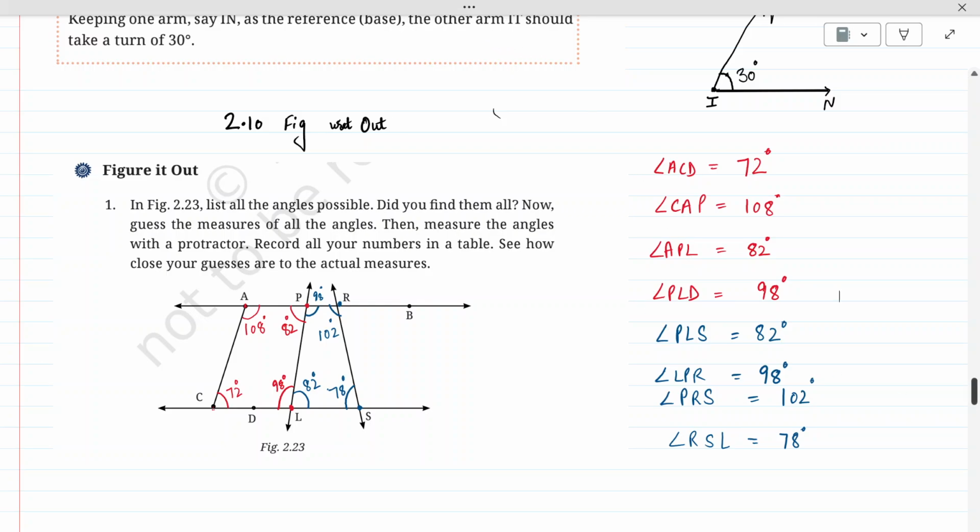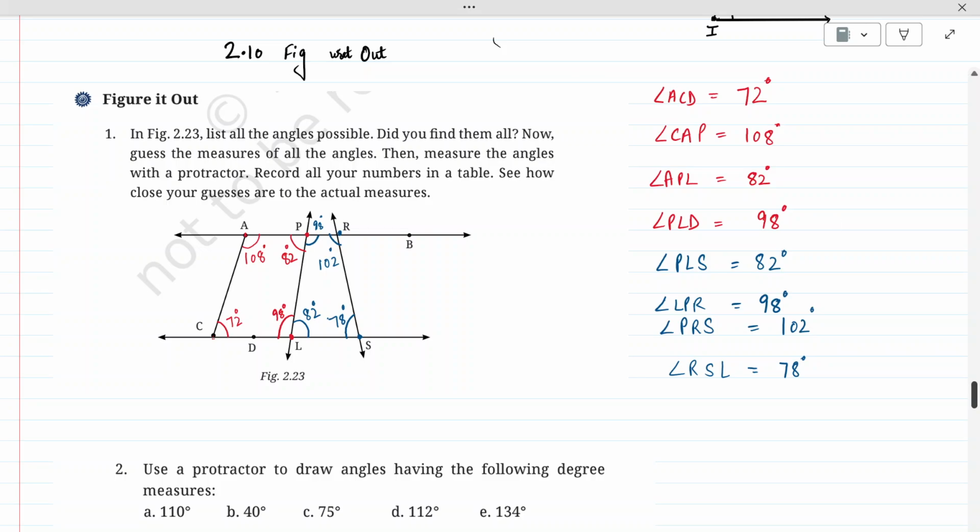Okay, and similarly if you have to find out what are these angles, kids, I'm marking in black. So this is a complete angle. 180 minus 78 will give me the measure of this angle, nearly 102. Similarly here also, complete 180 minus 102 gives me the measure of this angle, 78.